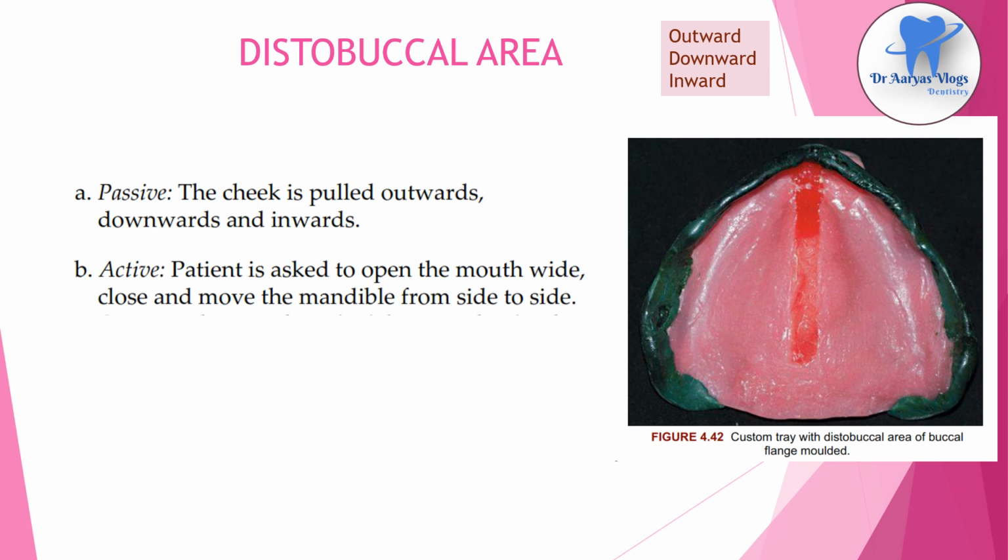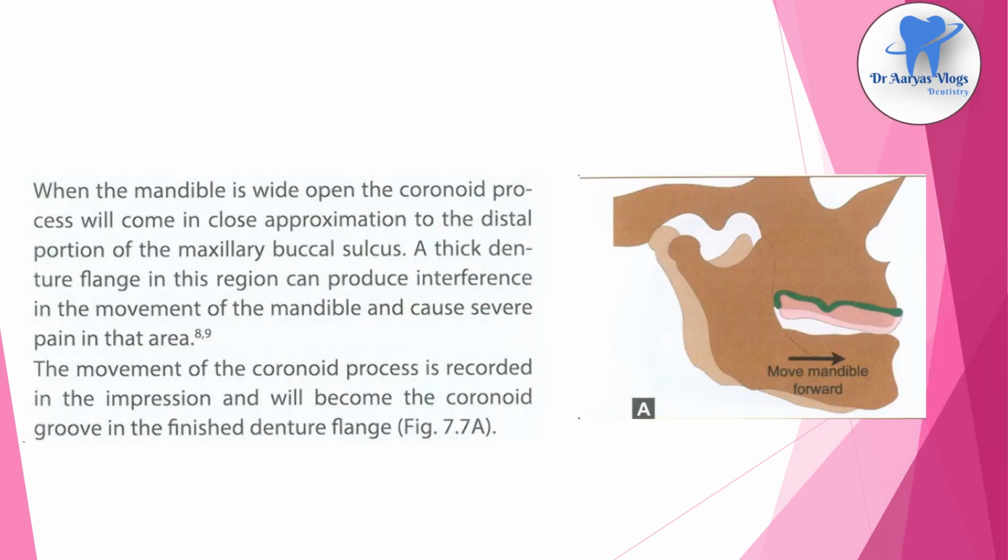What is active movement? The patient is asked to open the mouth wide, close and move the mandible from side to side. Opening the mouth wide delineates the depth and width of the distal buccal flange. And moving the mandible from side to side accommodates for the movement of the coronoid process.